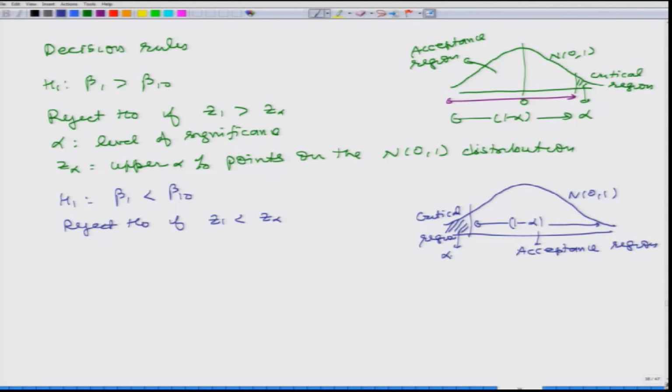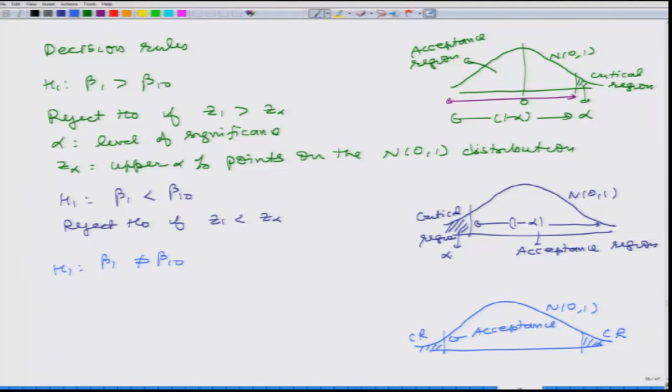The third case is where H1 is beta 1 not equal to beta 1 naught. In this case the normal 0, 1 curve will have the critical region on both sides. This is our critical region, this is our critical region, and this is our acceptance region. Each critical region is of size alpha by 2, and the acceptance region is of size 1 minus alpha.